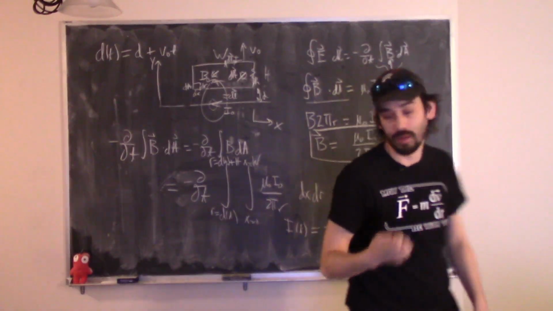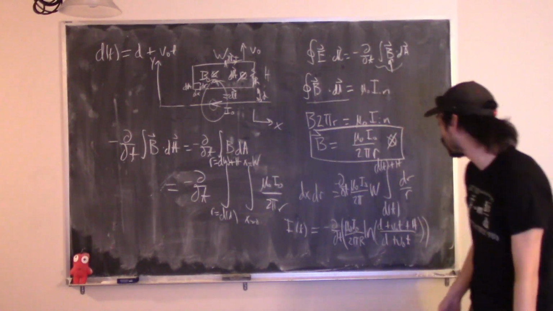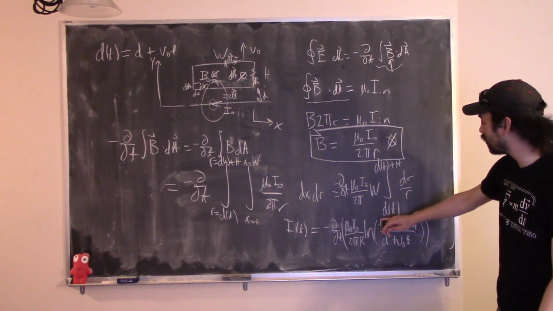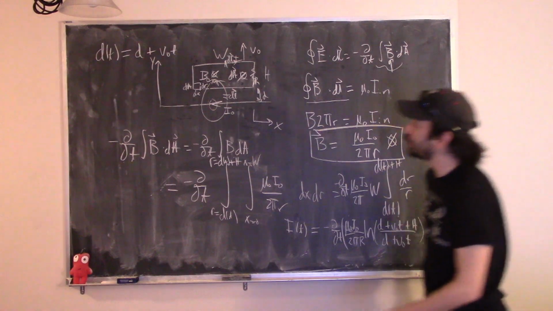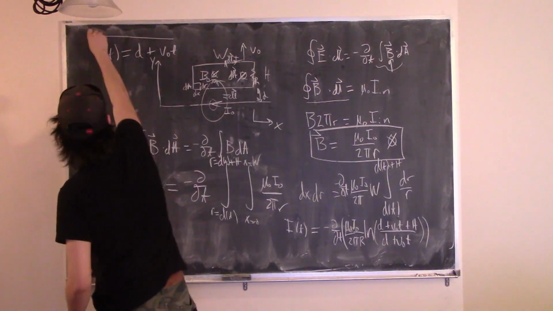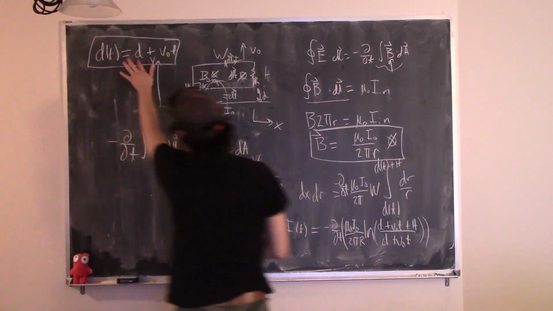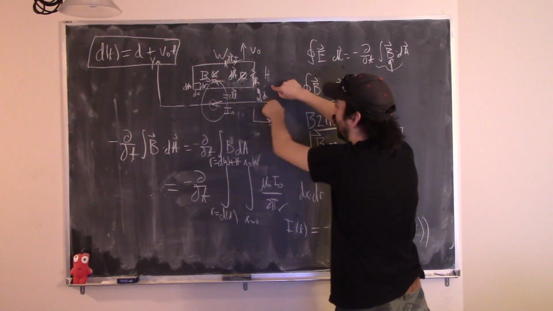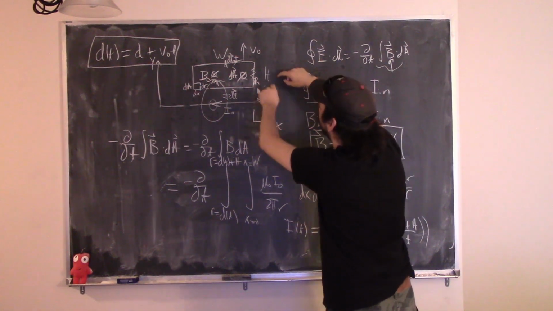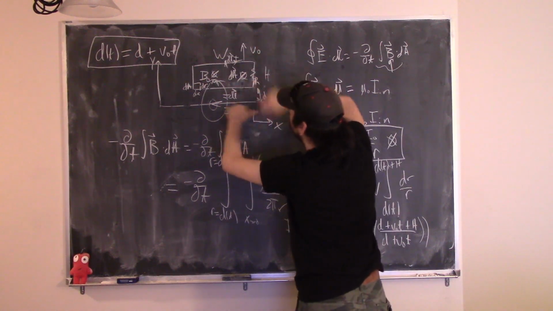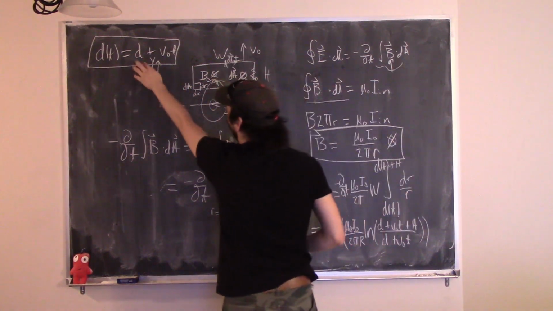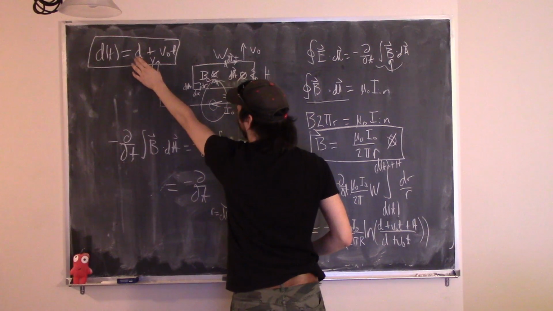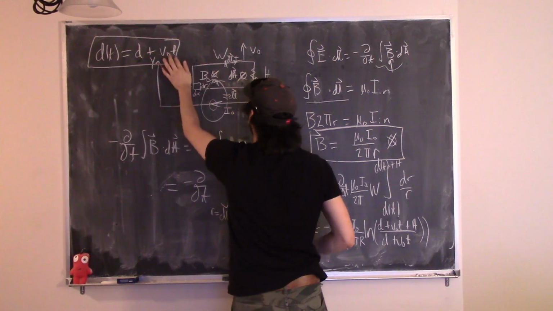It should be something that changes with respect to time, which is why I say that this is d as a function of time. And I determine my d as a function of time here by saying that there's some initial distance that this starts at. And then as time evolves, because this is moving at some constant velocity, I have this extra term that adds to the initial distance. So the distance is d plus v0 times t.